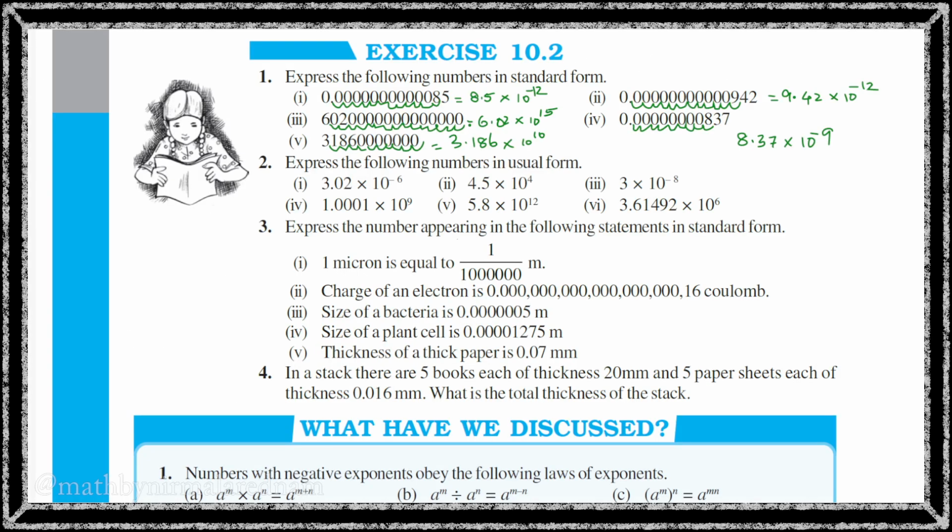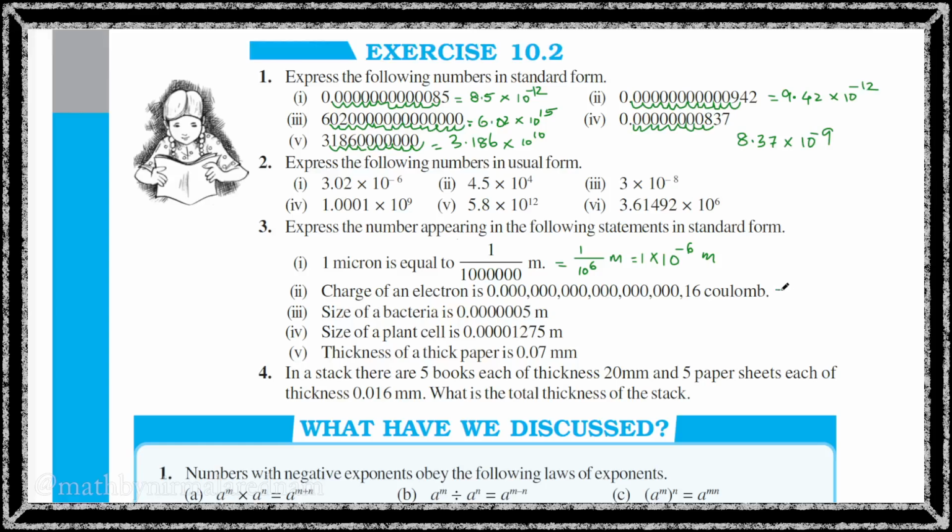Next question. Express the numbers appearing in the following statements in the standard form. So here, you have 6 zeros, 10 power 6 in the denominator. So this is nothing but minus 6. That is your standard form, right?